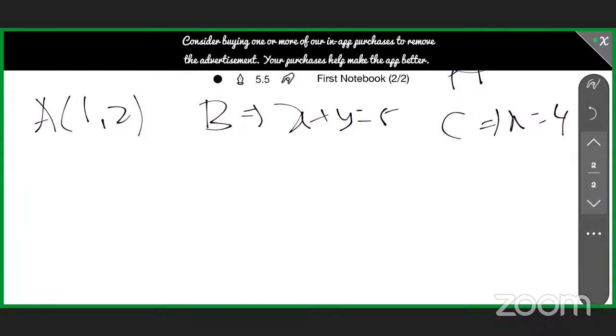Given these conditions, they are asking us to find the area of triangle ABC.